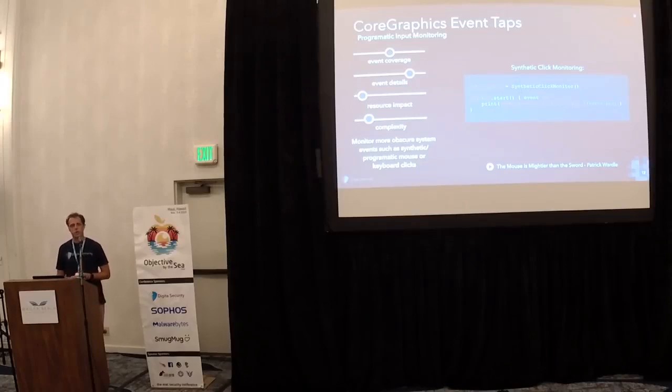And so we're able to detect those synthetic clicks pretty easily. Another note for this particular monitor, Apple actually did fix the bug that was in there that allowed these synthetic clicks. So Mojave is actually immune to these. But we figured we want to get the monitoring in here anyways, for those that haven't upgraded yet.